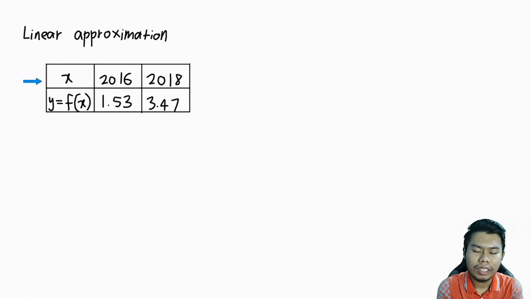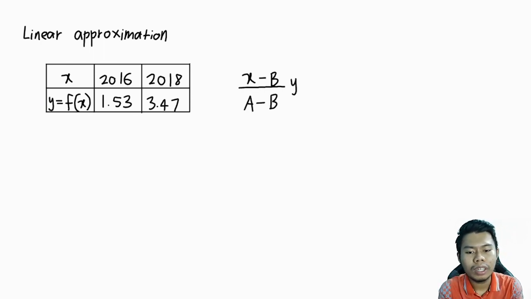So X is the year and Y is the value that we want to find, which is renewable energy from wind. We use the formula (X minus B) divided by (A minus B) multiplied by Y. X is the year that we want to find, which is 2017.